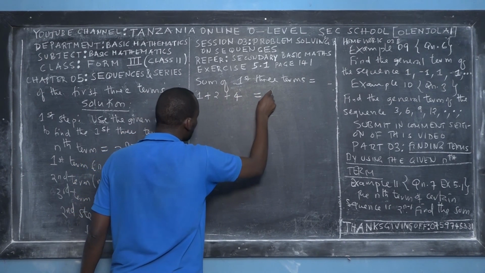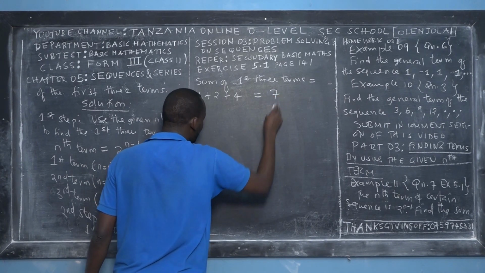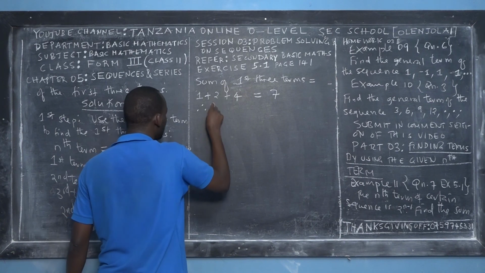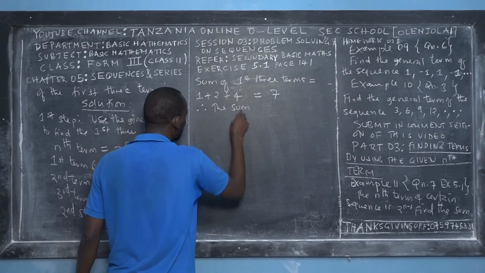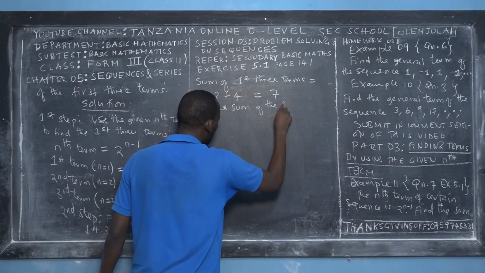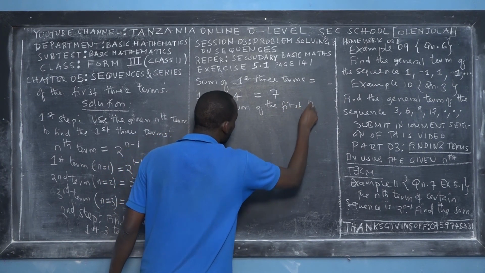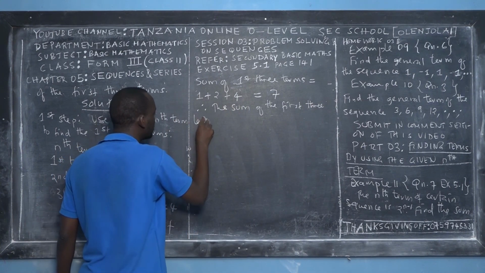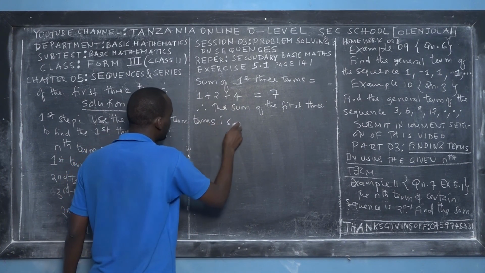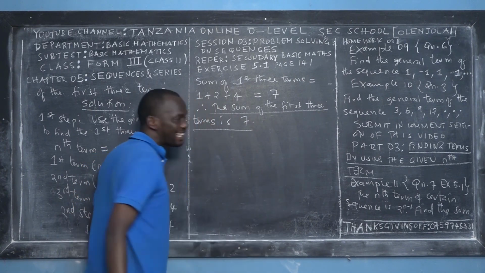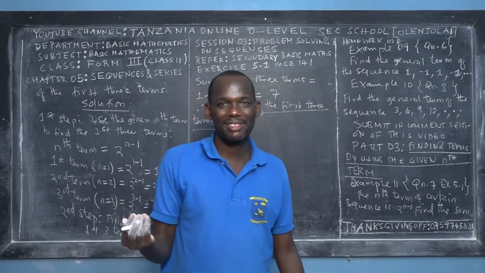So the sum is equal to 7. Therefore, the sum of the first 3 terms is 7. That's the response. You are done. You see how mathematics is beautiful?